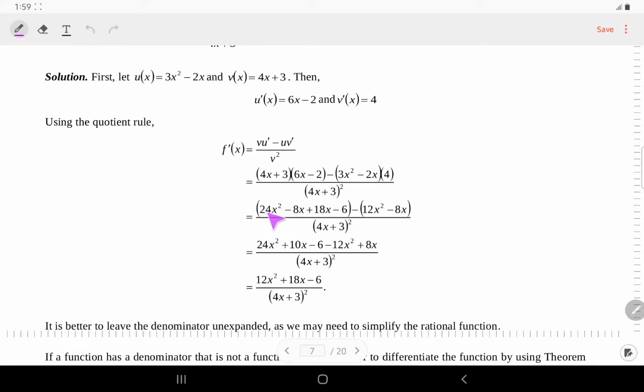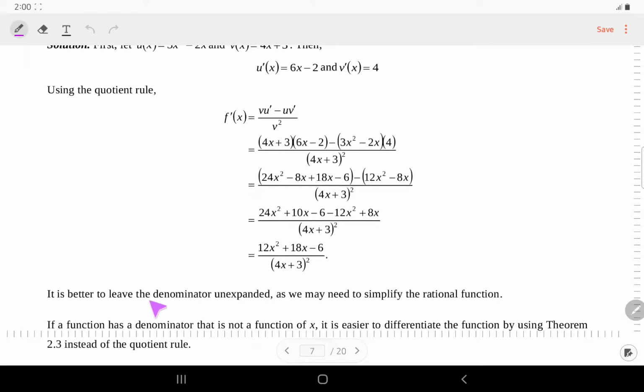You'll get 24x squared minus 8x plus 14x minus 6, minus the terms here, 12x squared minus 8x. Simplifying, the answer will be 12x squared plus 18x minus 6, divided by v squared.